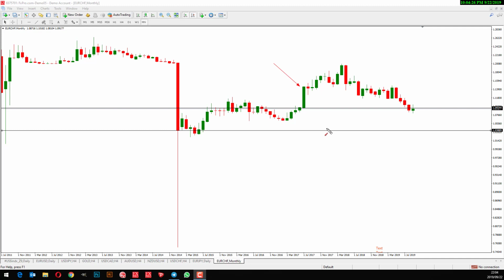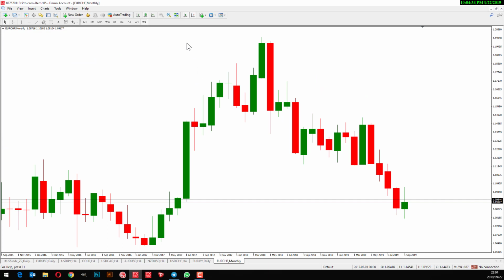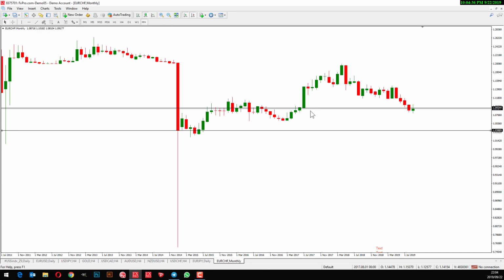I'm going to zoom in a bit so that we can define what trend we are looking at on EURCHF. From a higher time frame point of view, you can see currently we are in September, August, July, June.